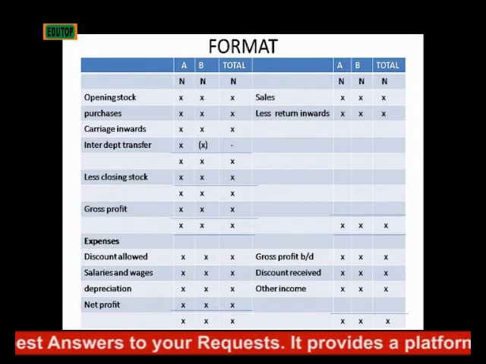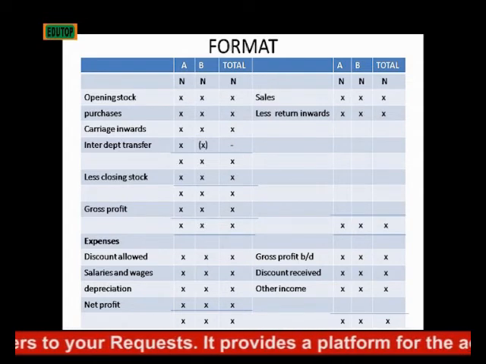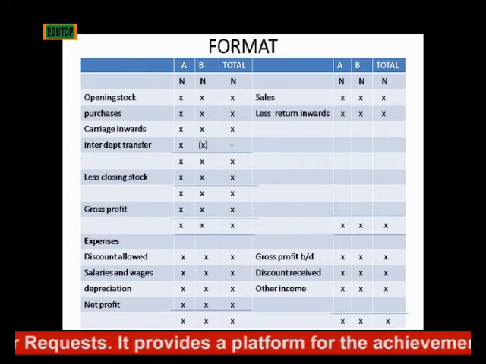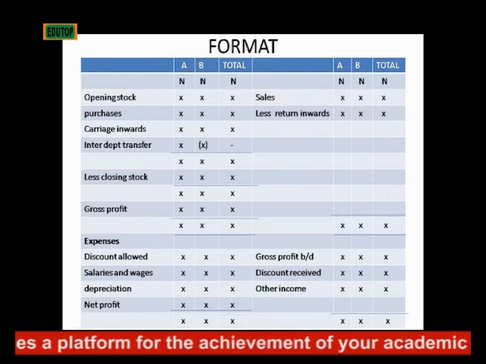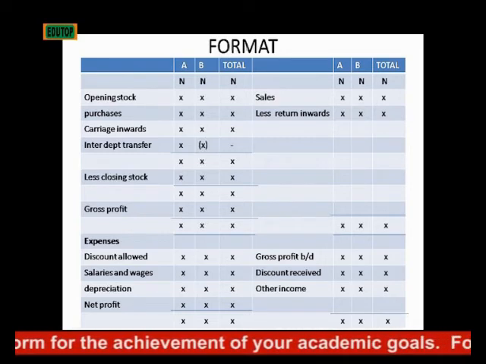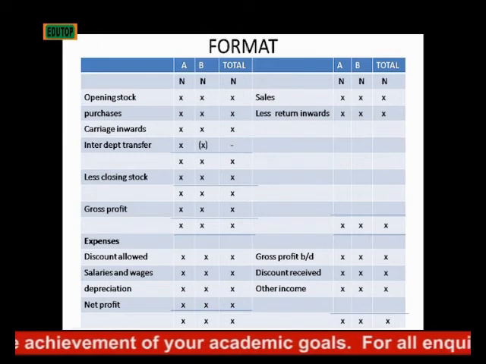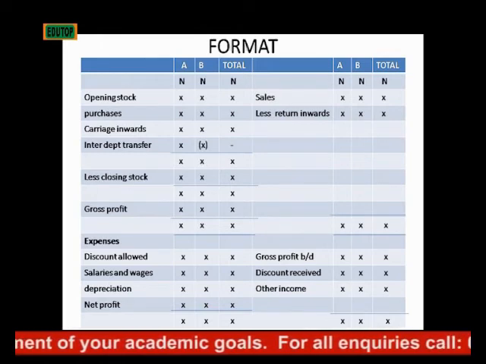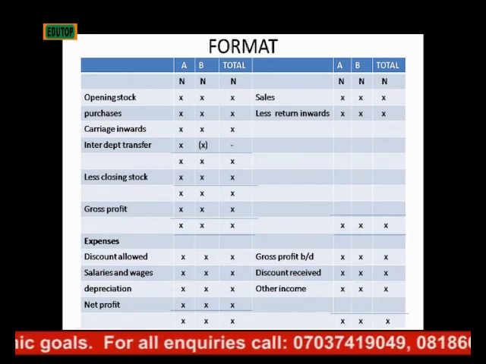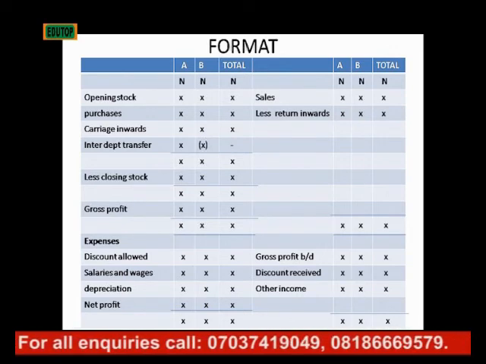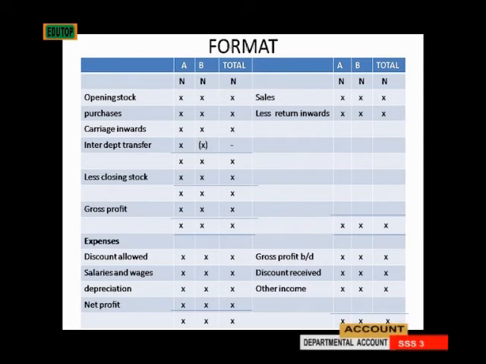Now, if goods are sent from department B to department A, that means you deduct the goods from the purchases of department B, because out of the purchases some was transferred to department A. Then you add it to department A. You can see here that the inter-department transfer is in a bracket, which signifies subtract, and we can see that it is being added in department A.